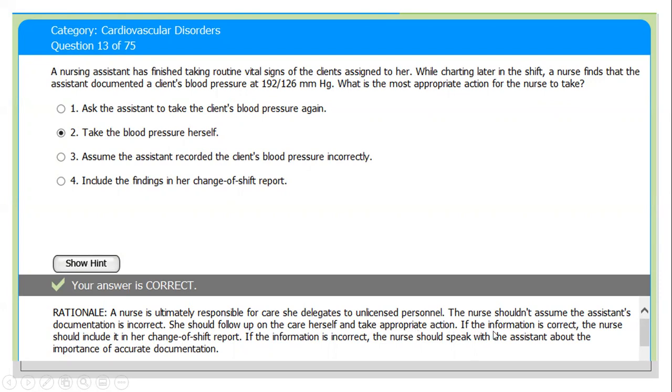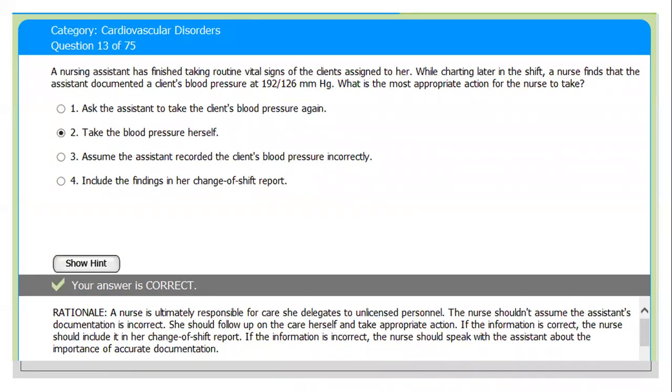If the information is correct, the nurse should include it in her change of shift report. If the information is incorrect, the nurse should speak with the assistant about the importance of accurate documentation.